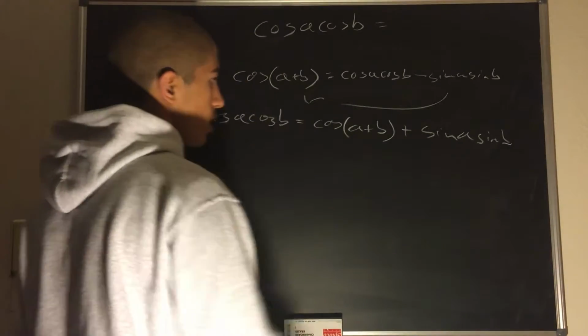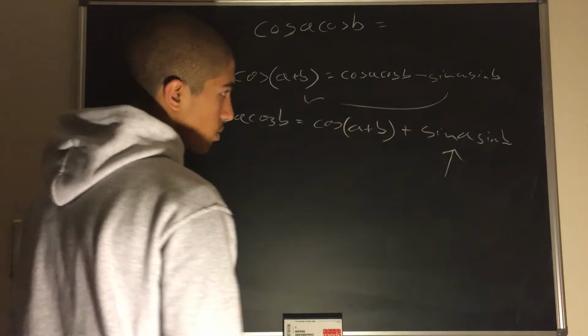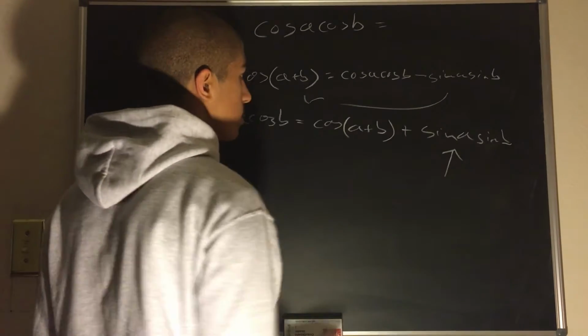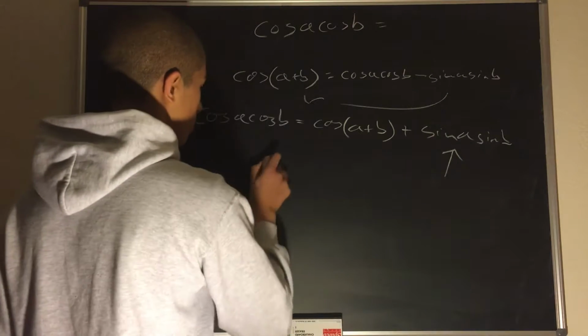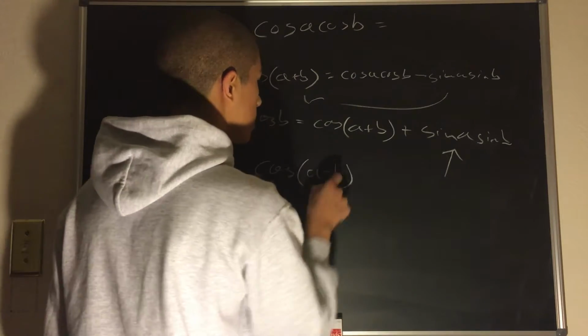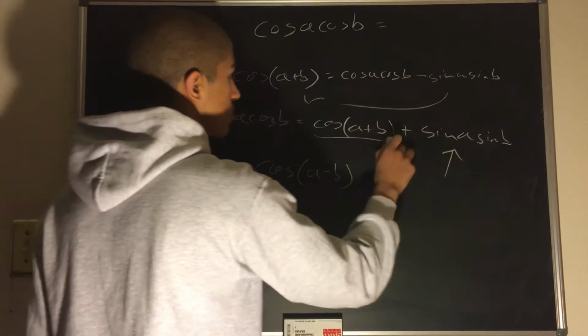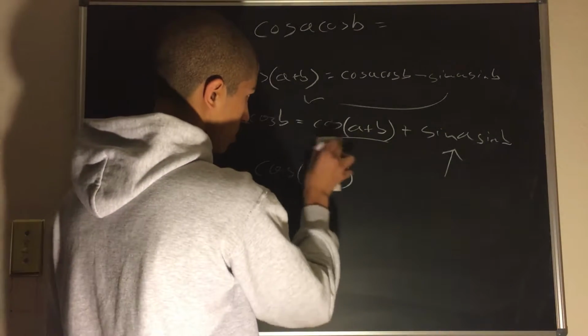And just like we did in the last function, we would like to expand this term over here. The way we expand this is we introduce cosine of A minus B, because as we saw, introducing the same expansion twice will lead to a tautological result.